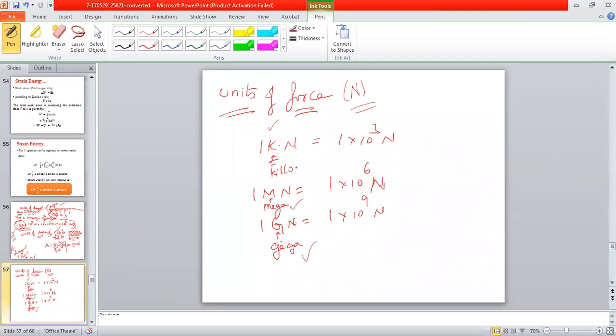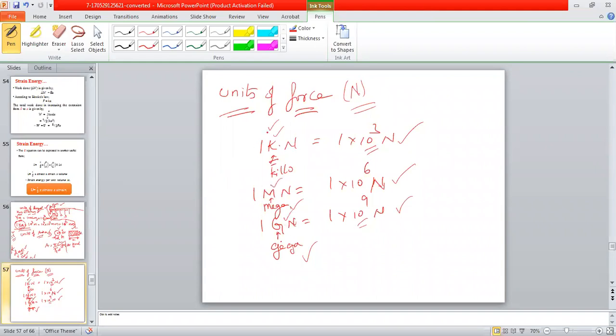Kilo is nothing but 10 to the power of 3, so I can write it as 10 to the power of 3 newtons. Mega is 10 to the power of 6 newtons, and giga is 10 to the power of 9 newtons. So 3 different units will represent force in our problems.